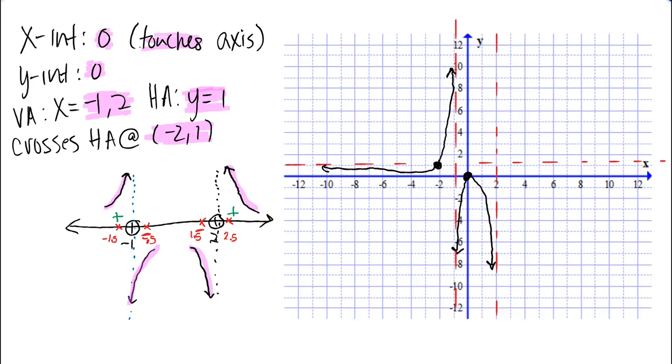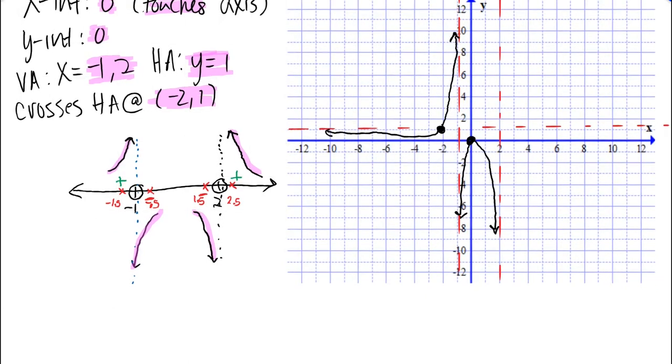And then I don't have any points in this final section on the right, so I'd feel a little bit more comfortable if I picked one value, let's say an x of 3. So if I take an x value of 3 and substitute it into my function, r of 3 would be 3 squared over 3 minus 2 times 3 plus 1.